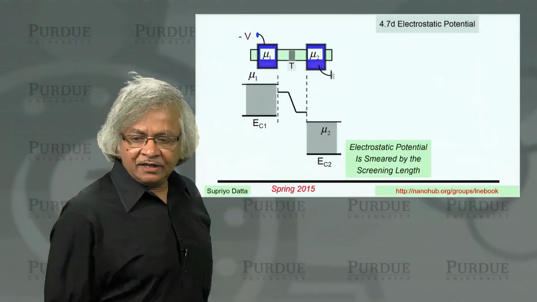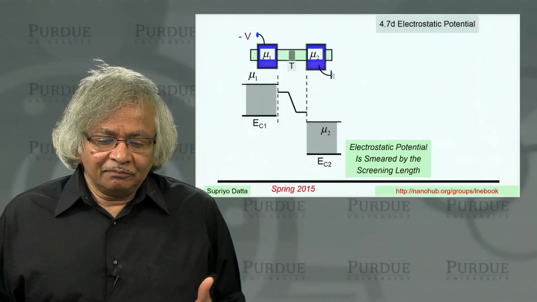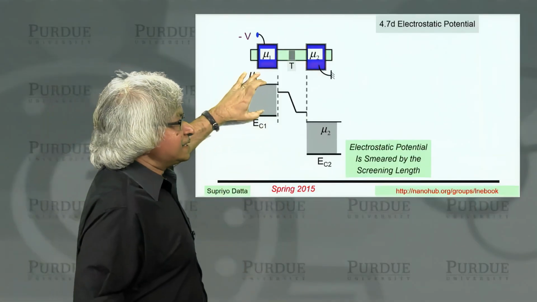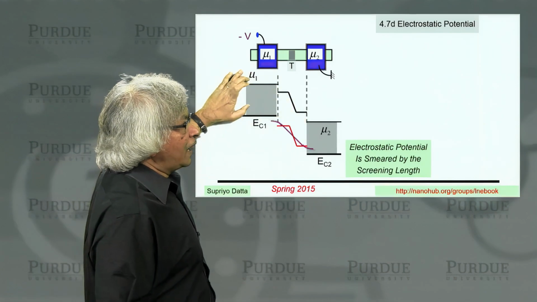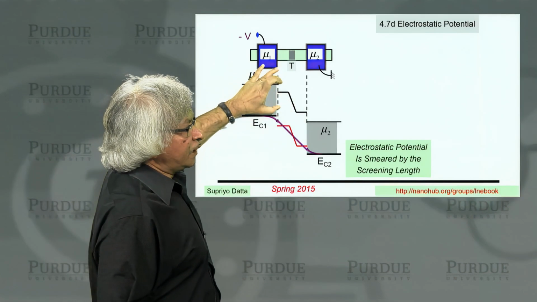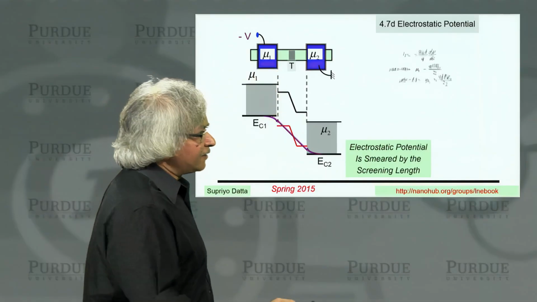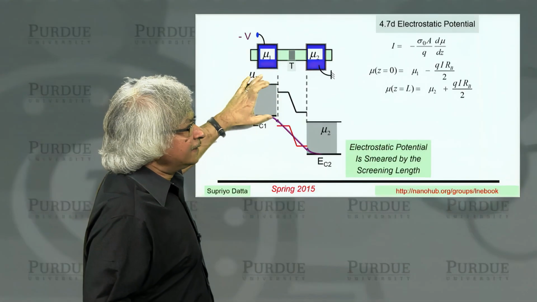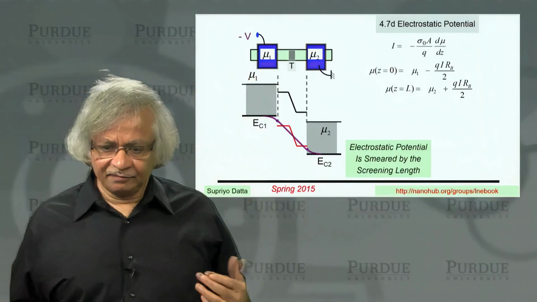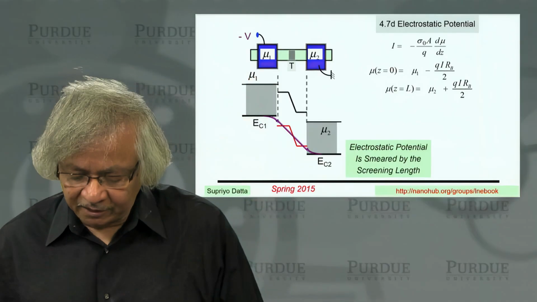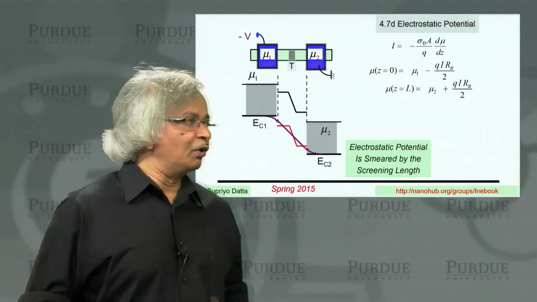Now, why do you look at this instead of electrostatic potential then? Why don't we just always look at this electrochemical potential? The answer is that it requires additional concepts, because conceptually electrochemical potential is a little harder to define, and so requires more discussion.